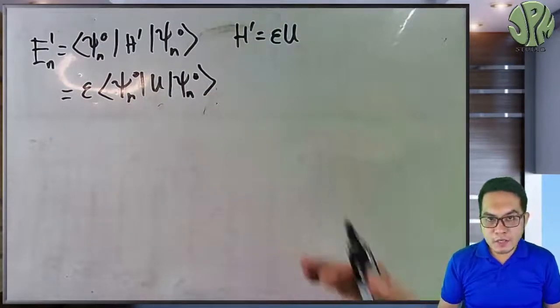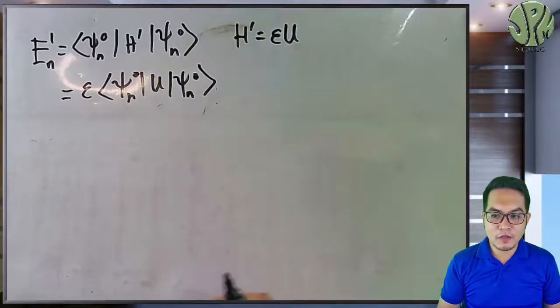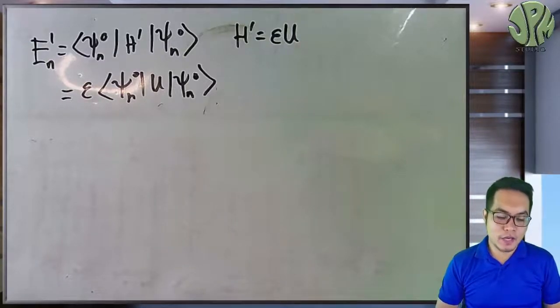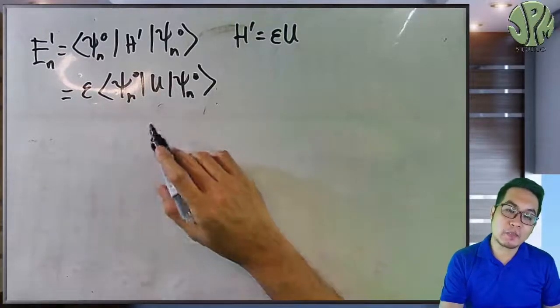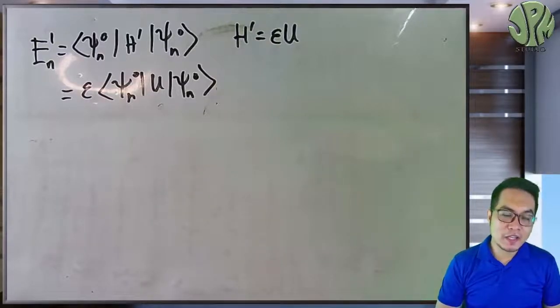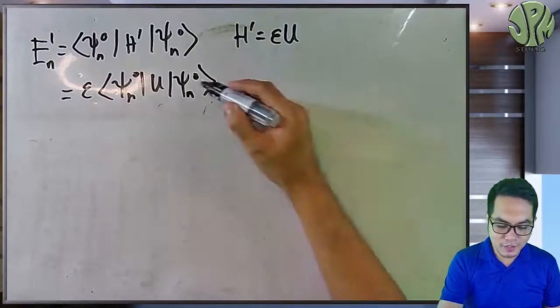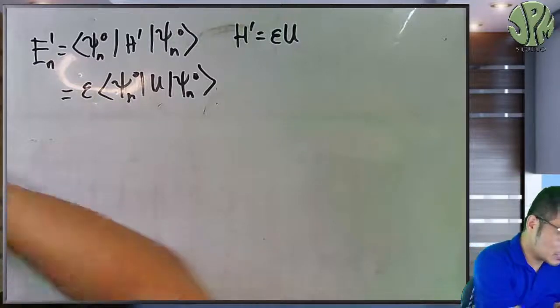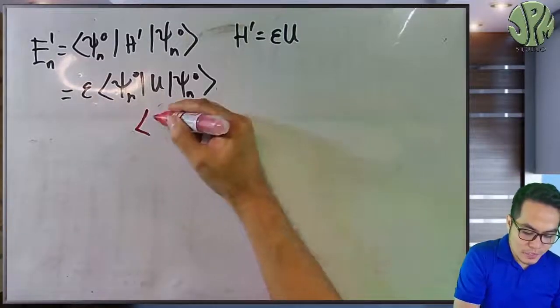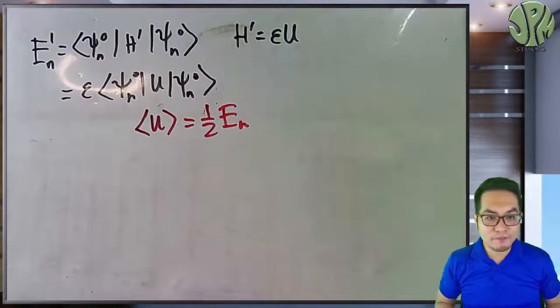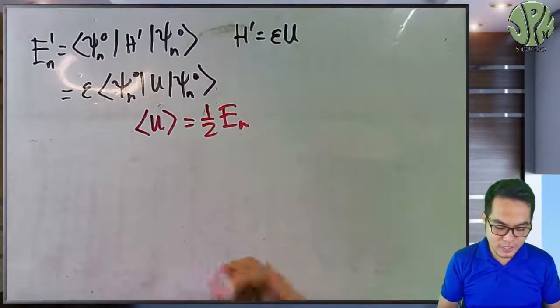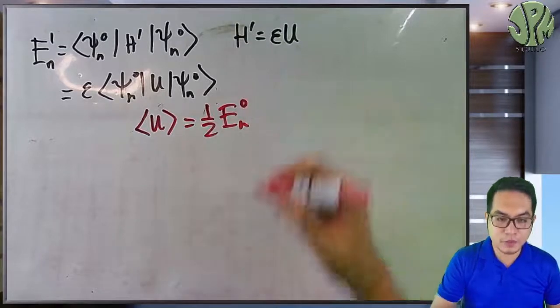When we discussed the wave functions of a harmonic oscillator and its energies, we actually had this as an example, the expectation value of the potential energy. This term here is just the expectation value of the potential energy, and it's equal to 1/2 of the total energy, 1/2 En, or in this case En0, the unperturbed energies.